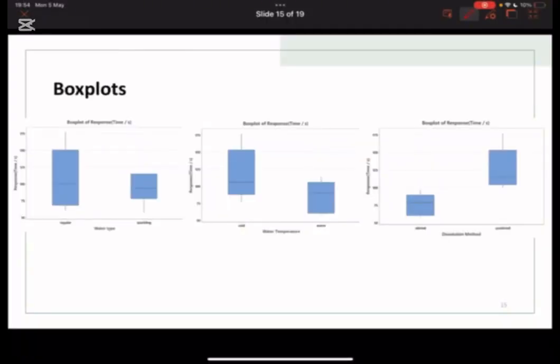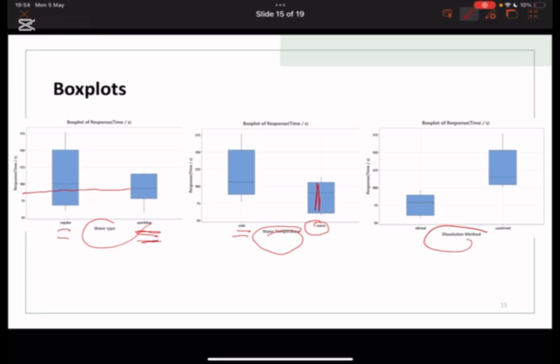The box plot showed that all three factors, water type, water temperature, and dissolution method, influence the tablet dissolution time. Sparkling water, for instance, tends to result in slightly faster and more consistent dissolution than regular water, though the difference is modest. Warm water significantly reduces dissolution time compared to cold water and shows less variability, indicating more consistent results.